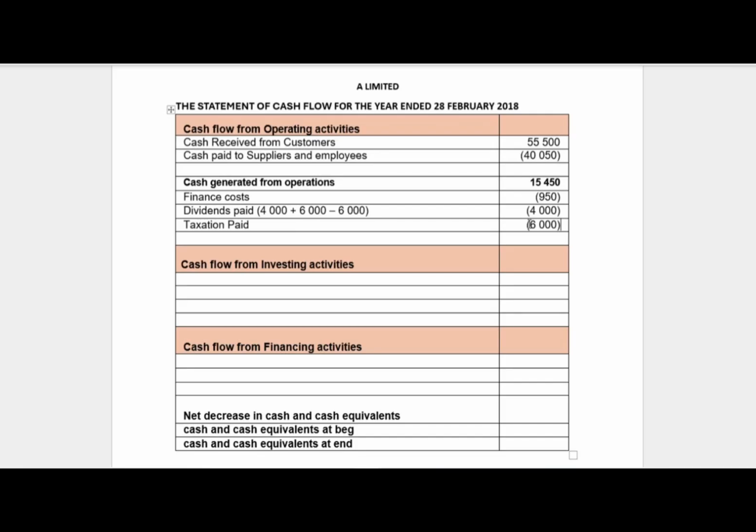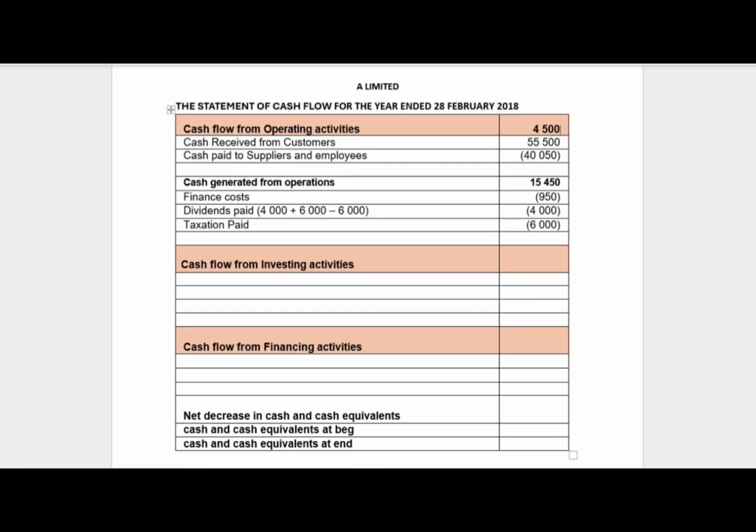I am getting a positive amount, or a cash inflow, of cash flow from operating activities of 4,500. That is your cash flow from operating activities, right? So we are done with the cash flow from operating activities.